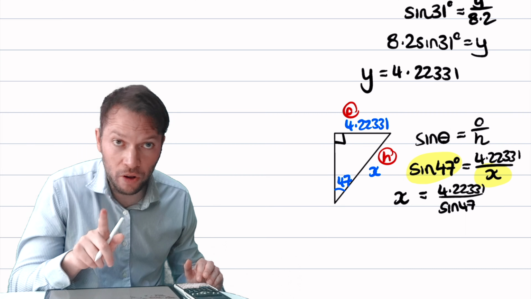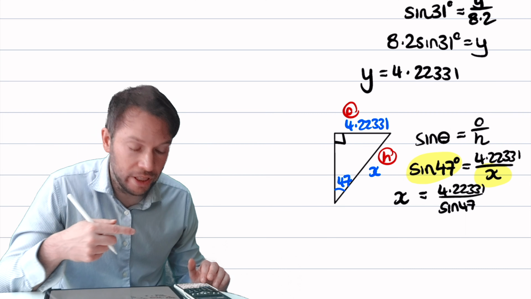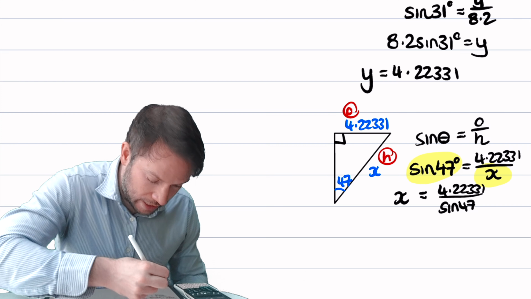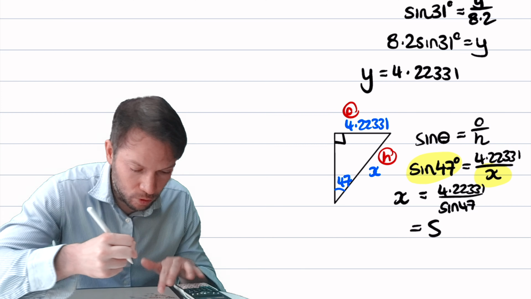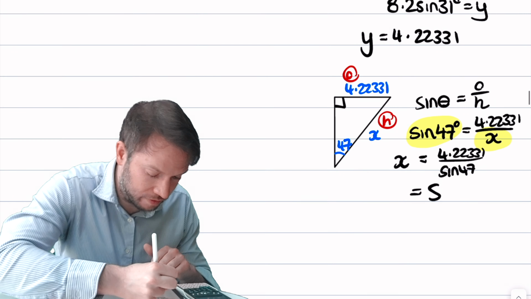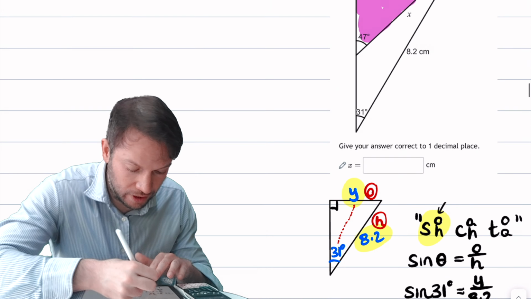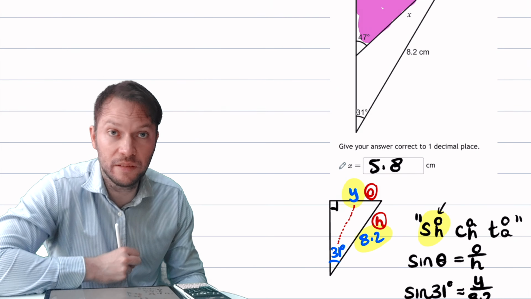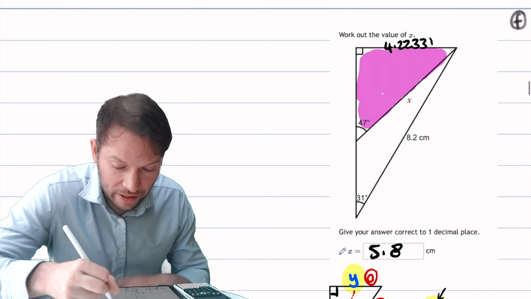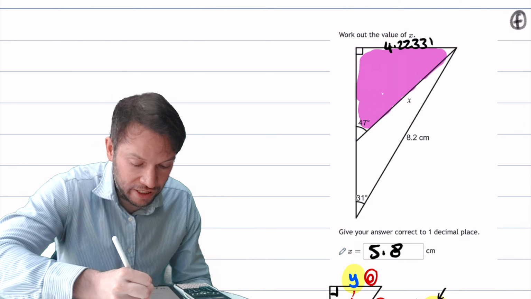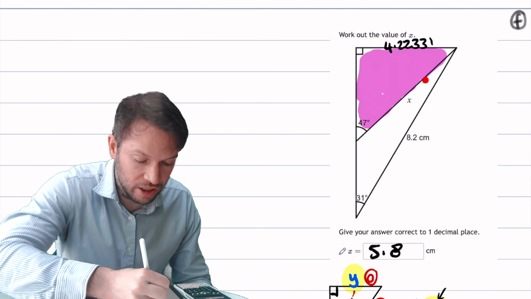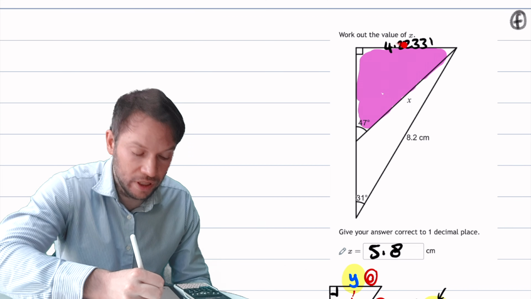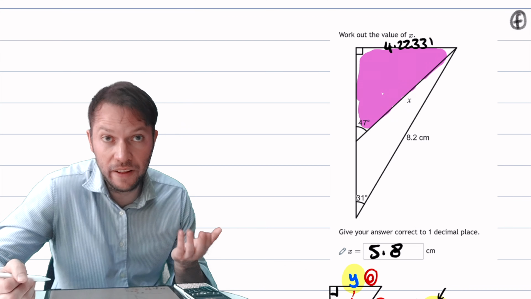You might be able to use the answer key on your calculator to reuse your previous result. We get 5 point, and what is it to one decimal place? So it's 5.8. So the answer is 5.8 centimeters. Let's just do a quick check. That seems sensible, because the hypotenuse here is going to be slightly longer than the 4.2 here, and this is 5.77. So that makes sense.